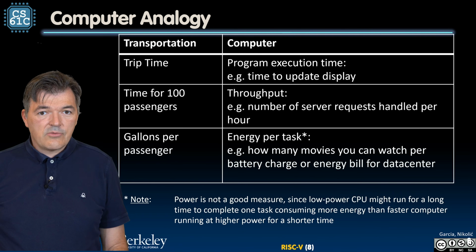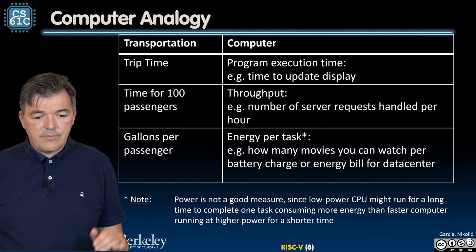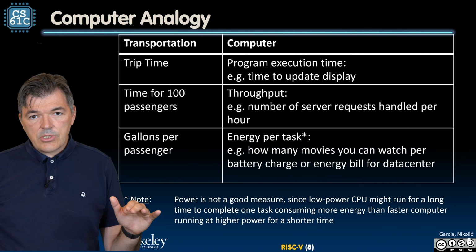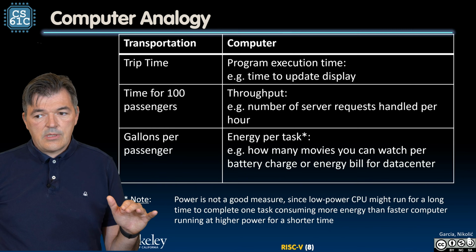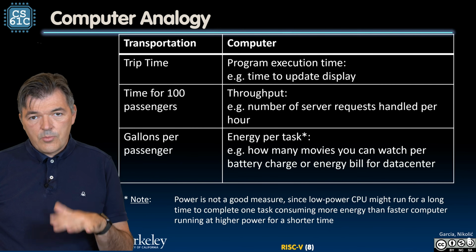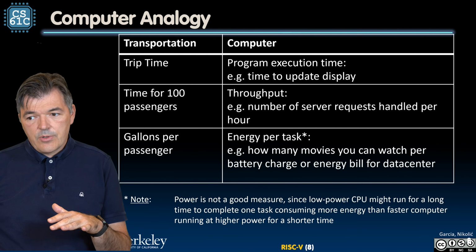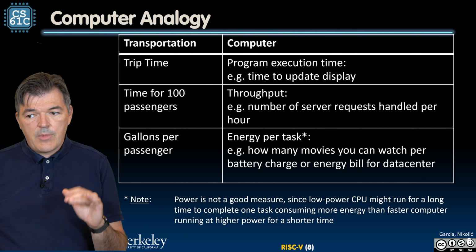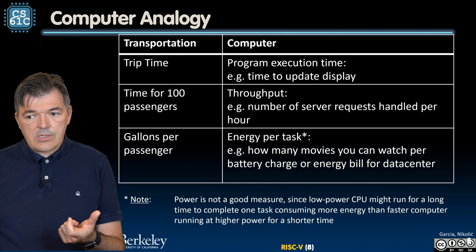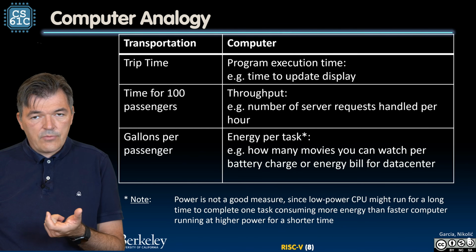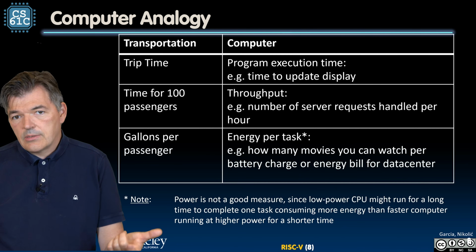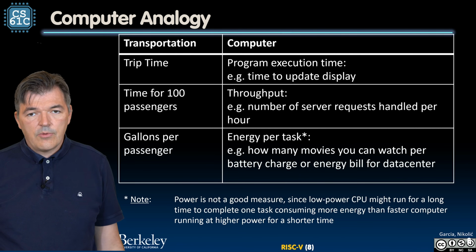Let's see how this relates to compute performance. In transportation, what we had was trip time. In the computer world, that metric of performance will be program execution time. How long does it take to execute a program, or for example, time to update the display with a new picture.